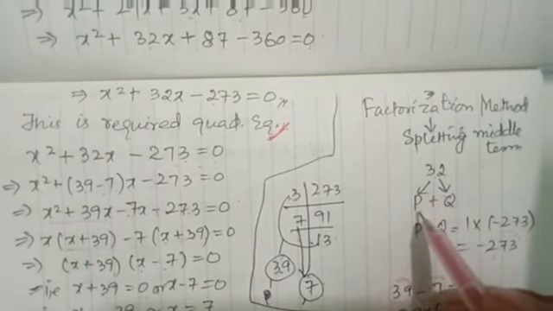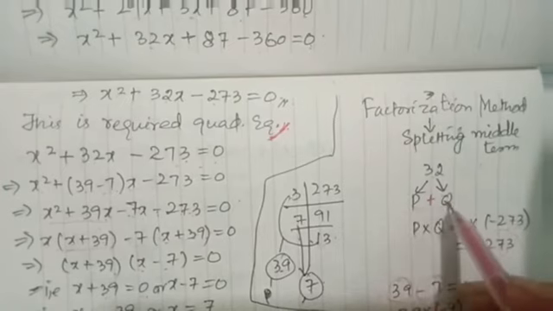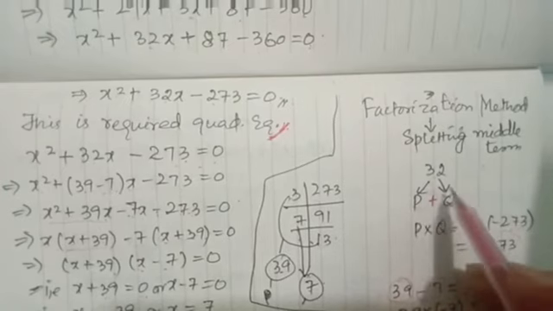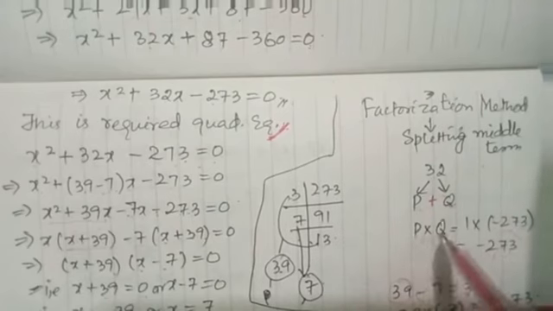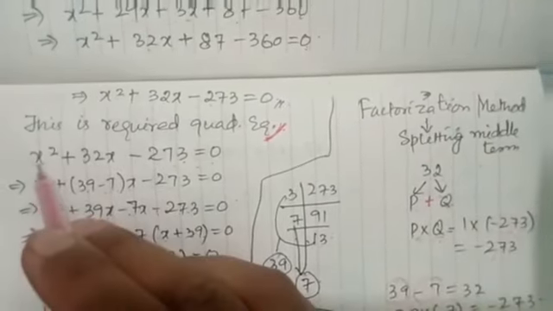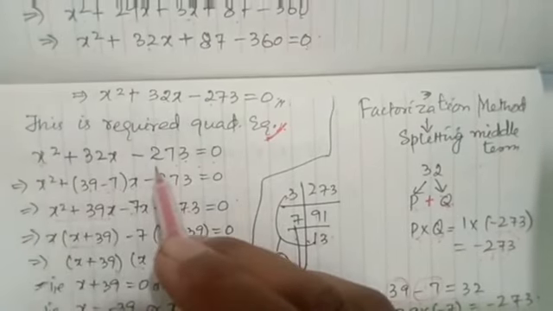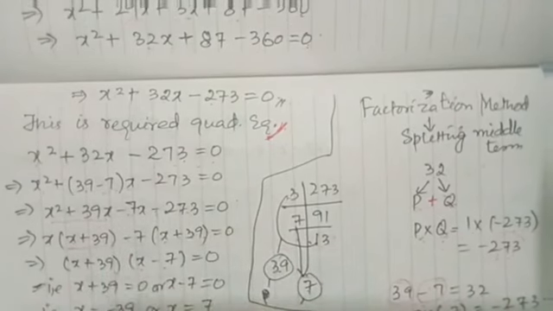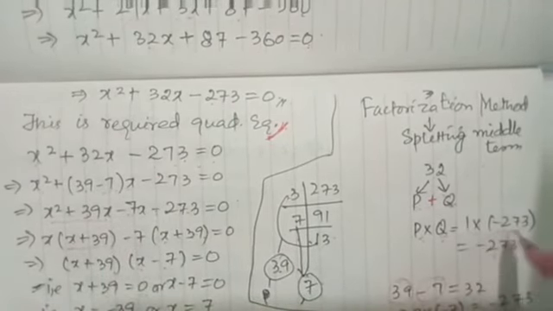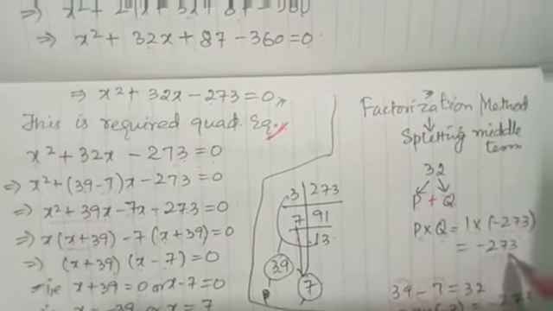Let these be p and q, such that the sum of these two terms should be 32, and the product of these two terms, p into q, should be the product of the coefficient of x square and minus 273, that is 1 into minus 273, equal to minus 273.